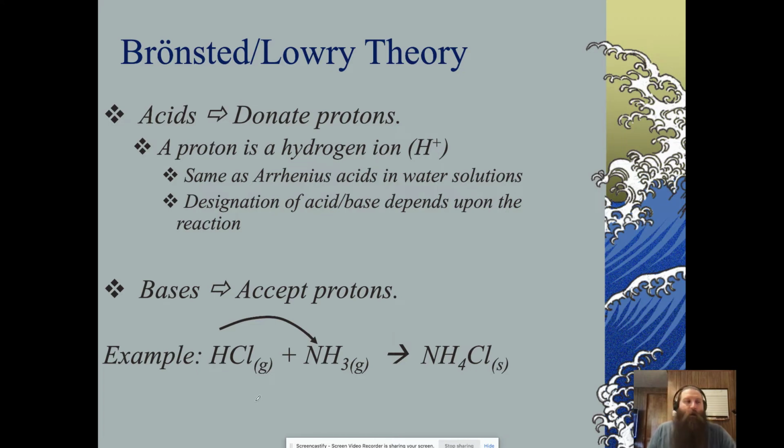Now, you've actually seen this reaction before when we were looking at the gas law notes, and we talked about Graham's law, and I showed you the picture of the two open containers, and there was that white smoke above one. We talked about the rate at which the gases were diffusing in the air, effusing through a hole. That was the NH4Cl smoke that you saw. That was the solid.